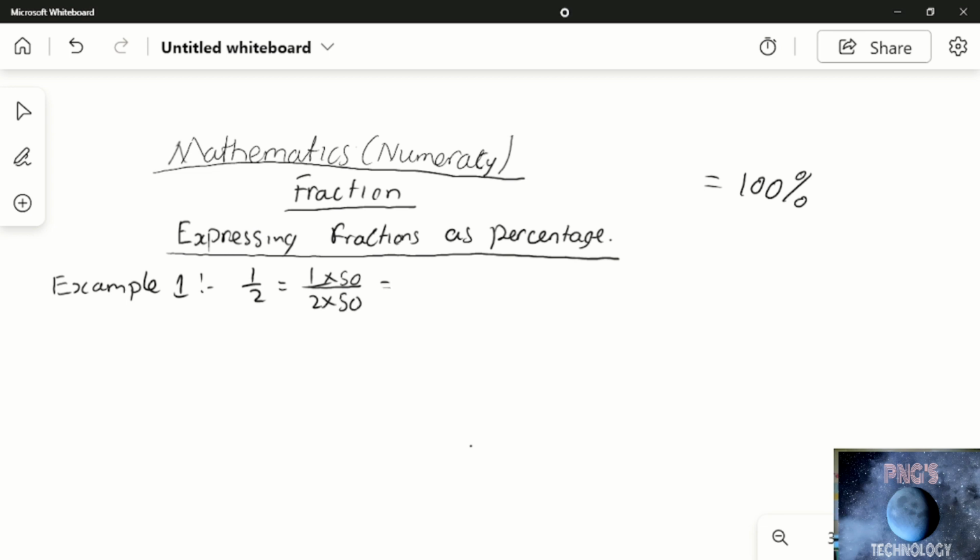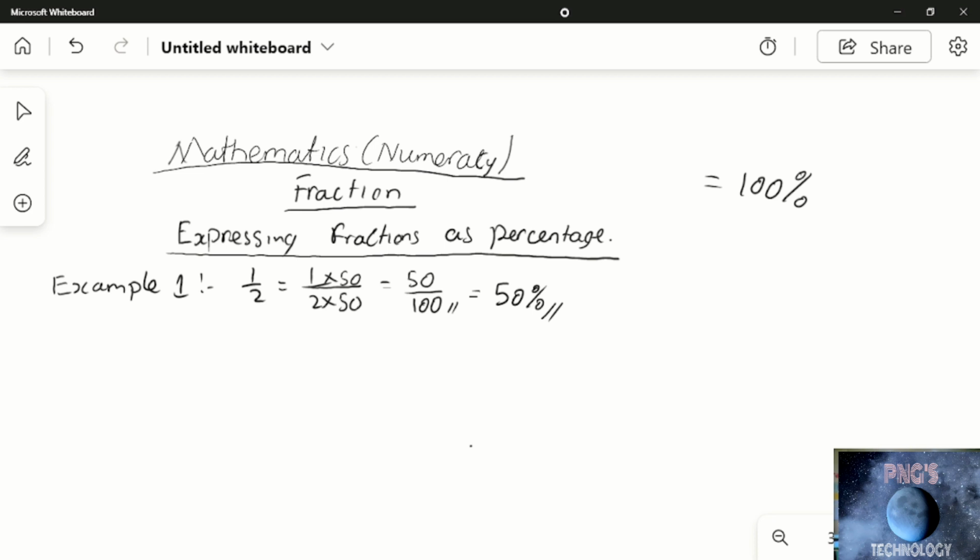So in this case, I will now have 1 times 50 is 50 over 100. So I can say that is my answer. Since that is my answer, I can say this case is 50 in percentage.